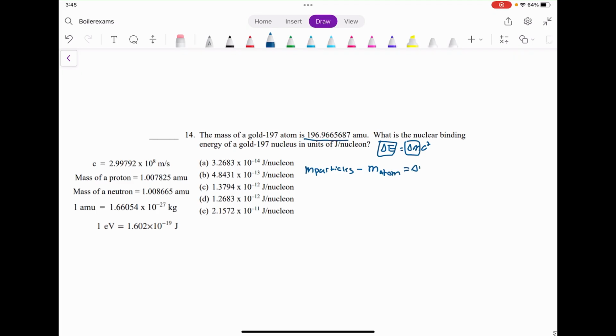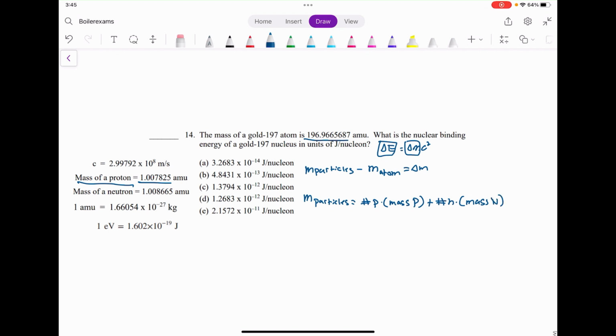That's going to be delta M. The mass of the particles will be my number of protons times mass of a proton, which is this value, and then we're going to add the number of neutrons times mass of neutrons.